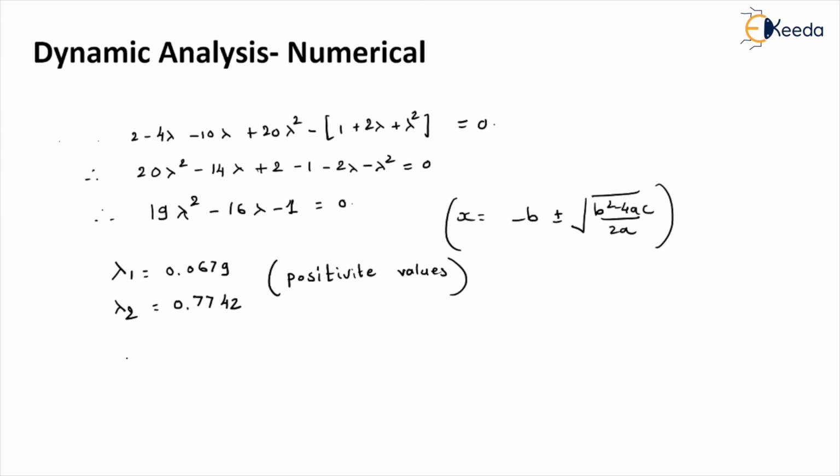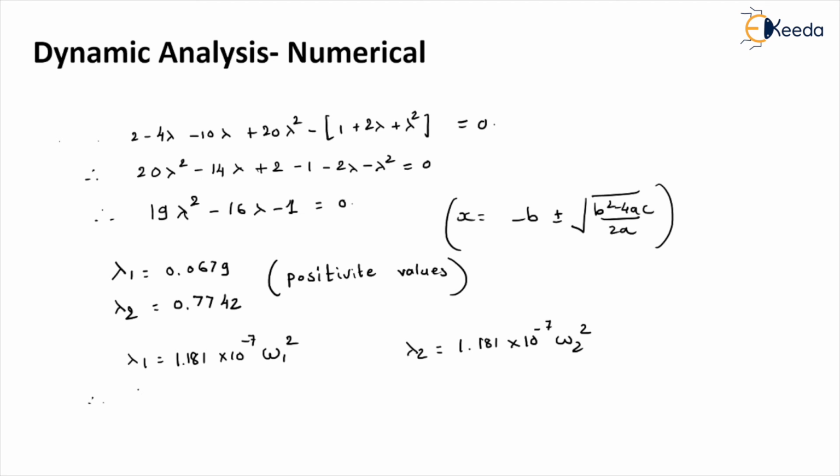First for lambda 1, 1.181 10 raised to minus 7 omega 1 square, and second value we have lambda 2, 1.181 10 raised to minus 7 omega 2 square.